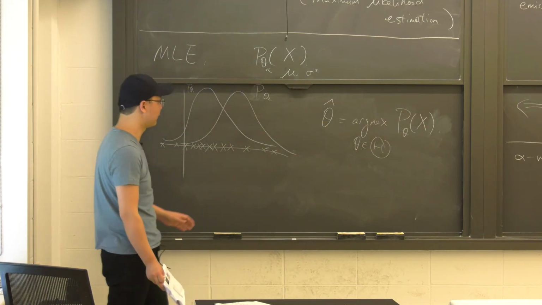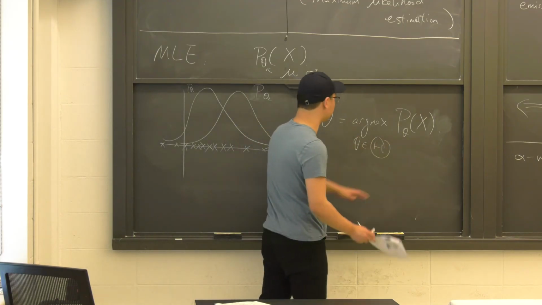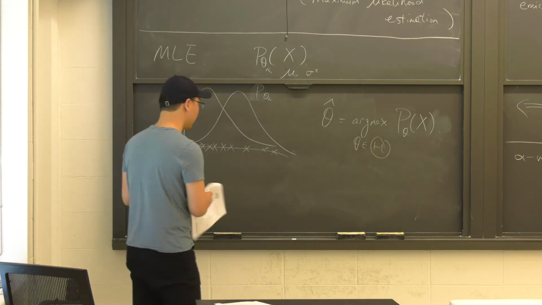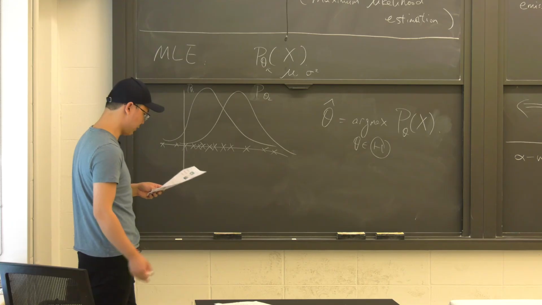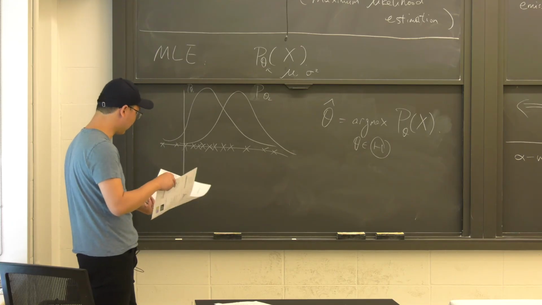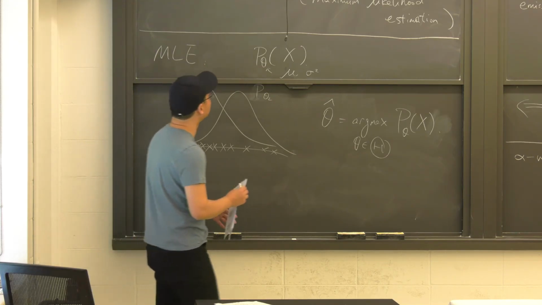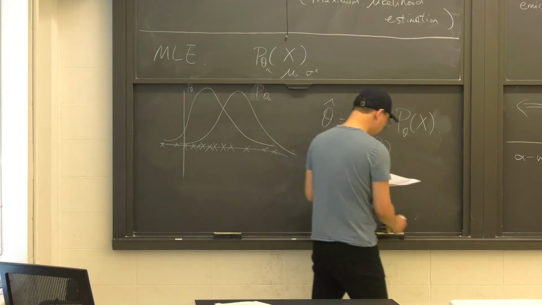I will find the parameter that maximizes this. So now the question is how we are going to use this principle in designing a reinforcement learning algorithm, especially combining it with optimism.